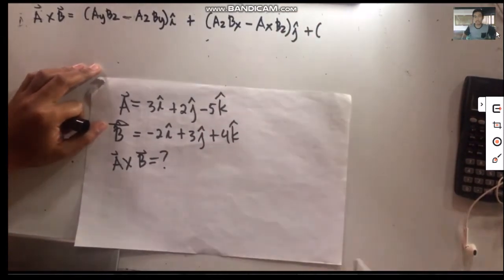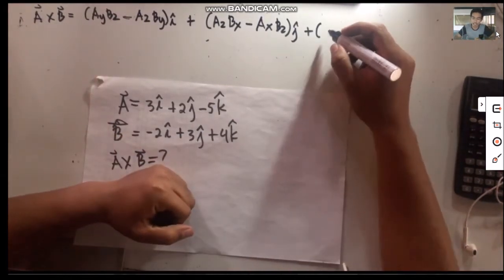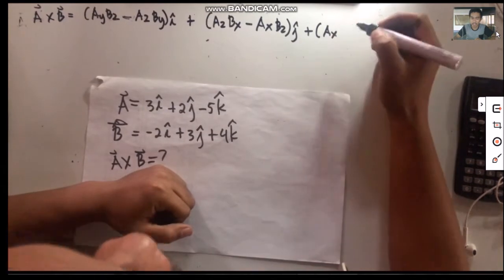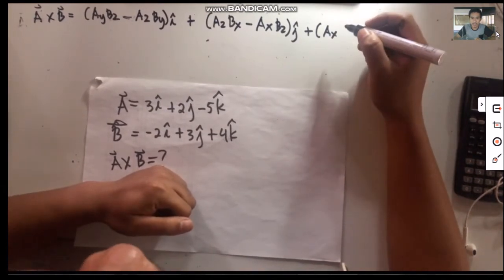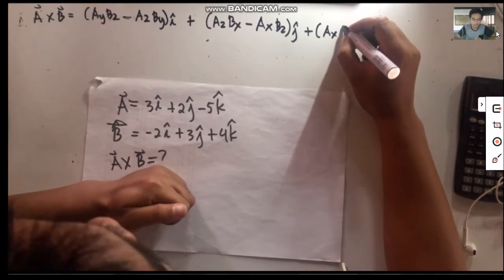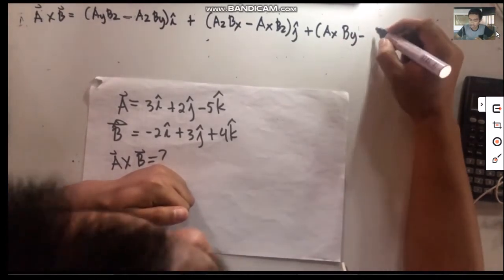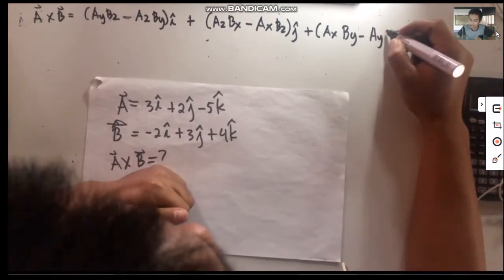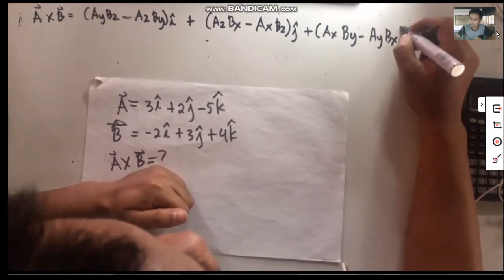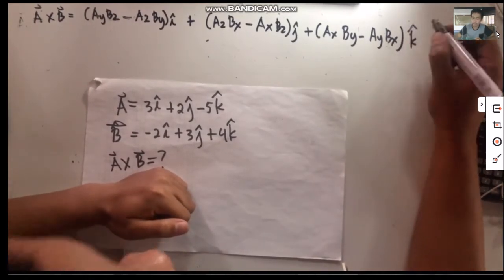Plus, for the z component, what's next to z is x, so you have ax, next to x is y, so we have by, minus ay bx, k hat, right?